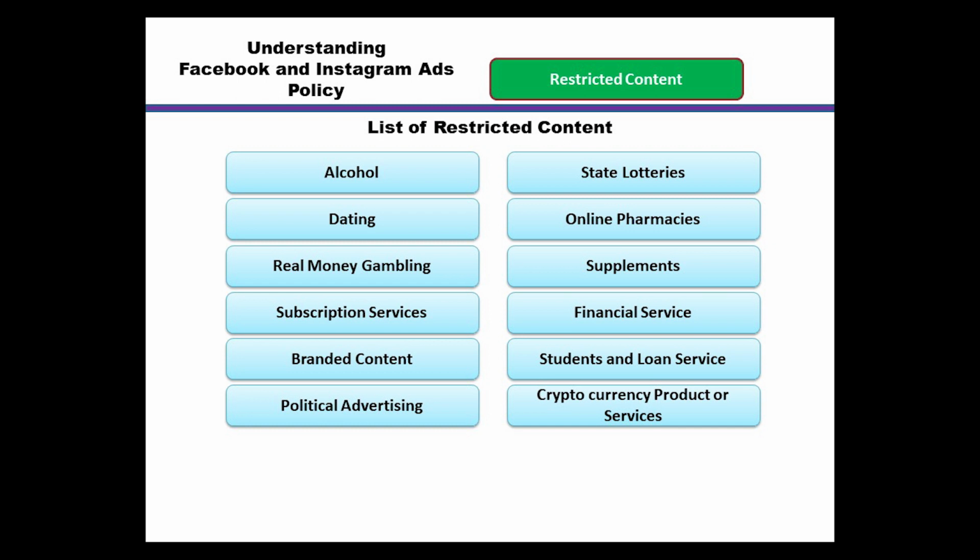Like I was explaining on the prohibited content, never ever forget that when you want to use Facebook or Instagram to market your product or services, you always want to think and focus on a product that fits everybody, like any age can use the product.